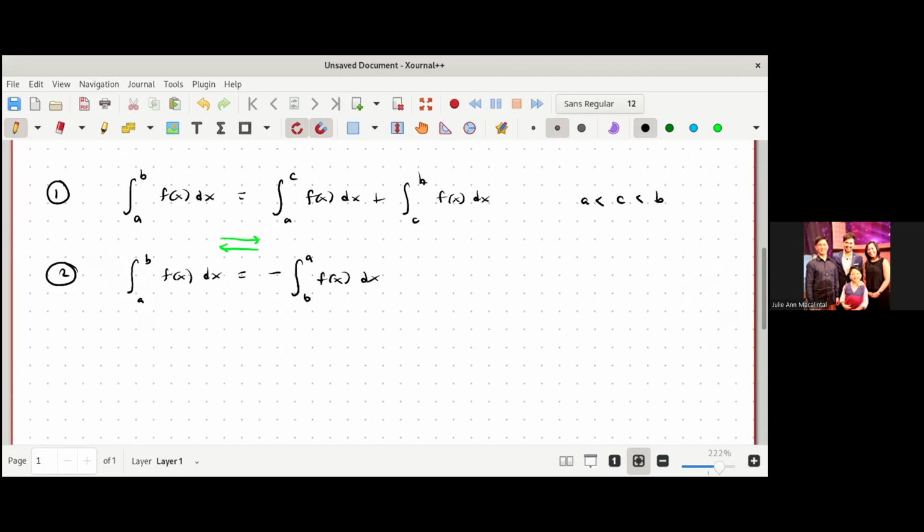Or I think definition, yeah. Is it a theorem or a definition? Yan yung mga properties ng indefinite integral na pwede mong i-cite. Okay, screenshot ko.